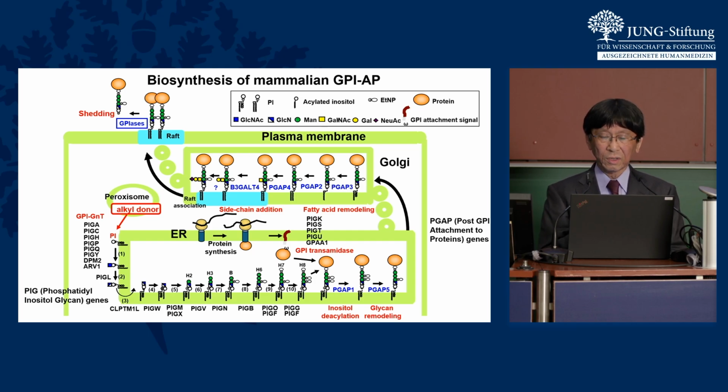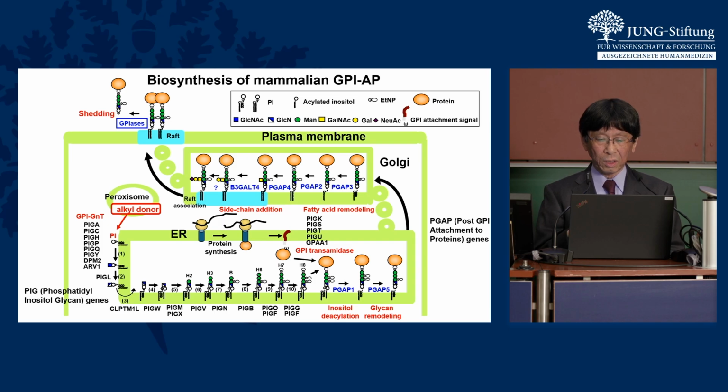On the cell surface, in the plasma membrane, GPI-anchor proteins are mainly associated with the lipid microdomains, also called rafts. And some of the GPI-anchor proteins can be shed from the cell surface after cleavage of the GPI-anchor moiety by the GPI-cleaving enzymes, or GPI-ases.